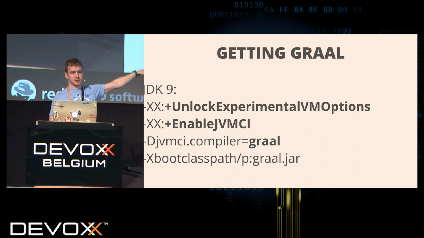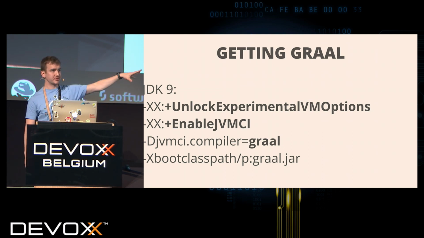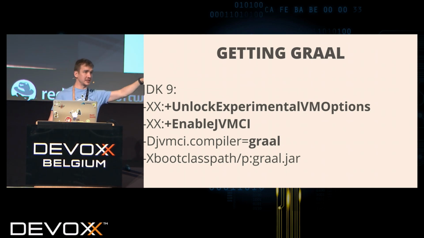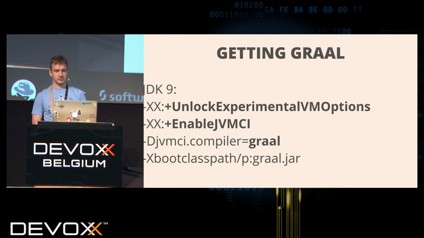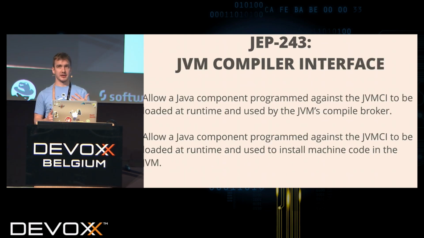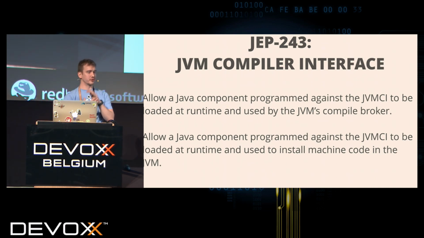With just a couple of options, and just providing a jar file that specifies the compiler, you can plug that into your normal JVM. This work was done as a part of JEP 243, and the goal of that was to create the interface that allows the compiler and allows pluggable components to access the internal VM state better.